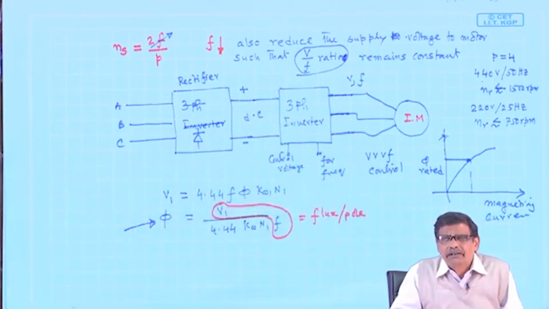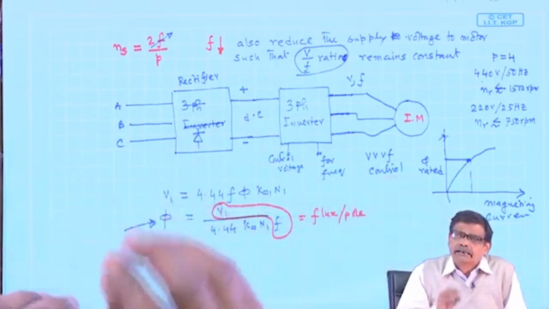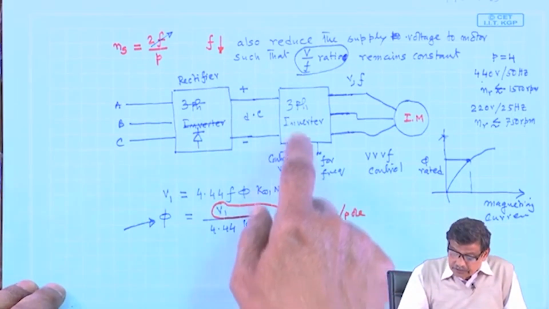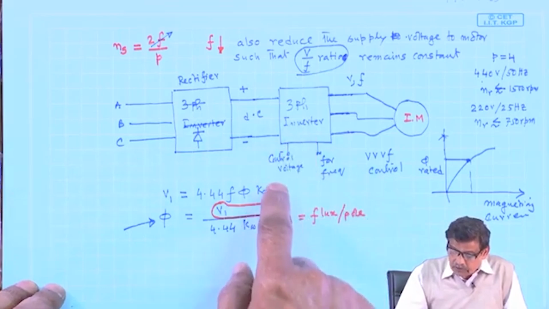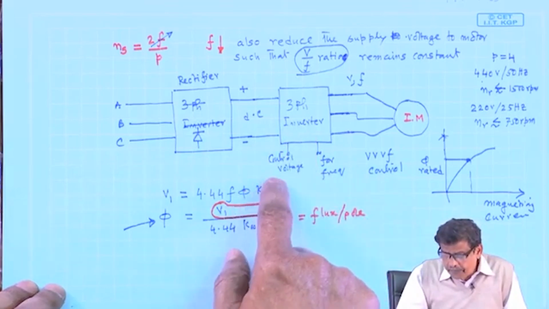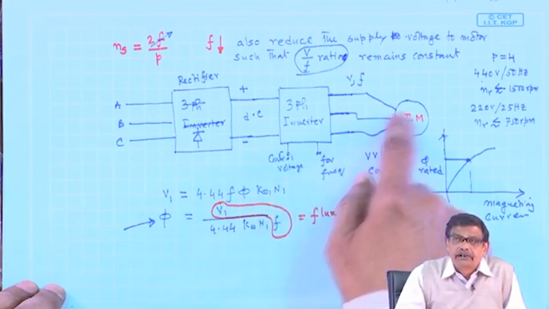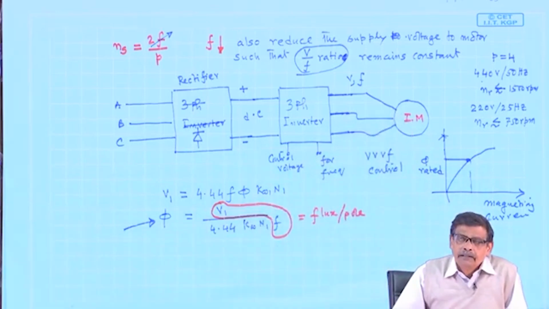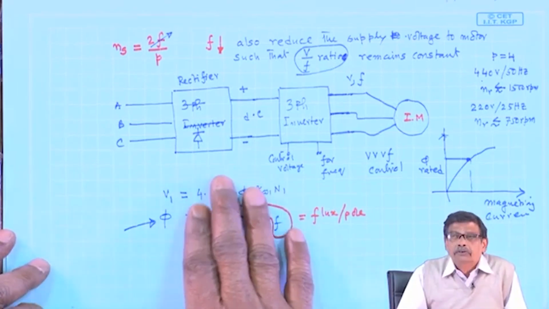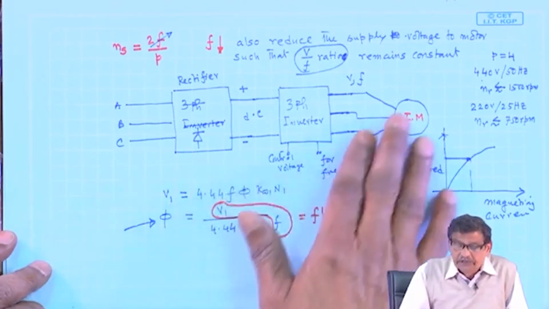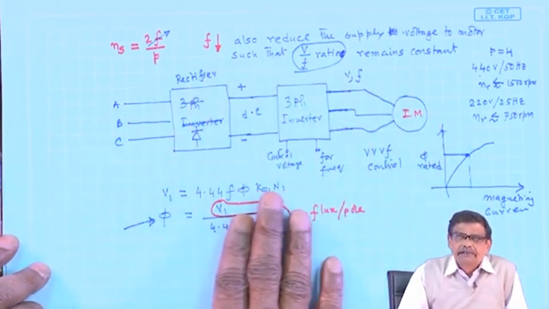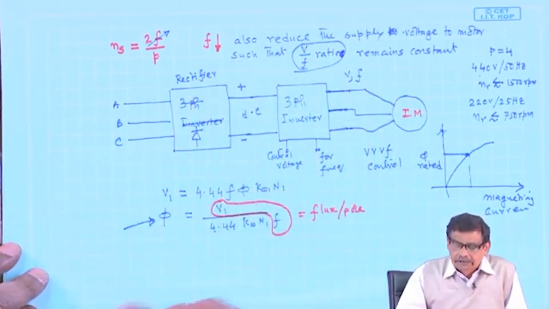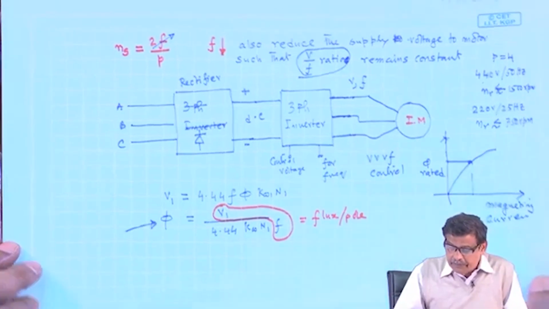You will be writing some code here and there to get the pulses for the inverter switches, so as to keep V by F constant during the starting process and so on. So, the way you look at the induction motor should also be based on this understanding. That is very important. Okay.